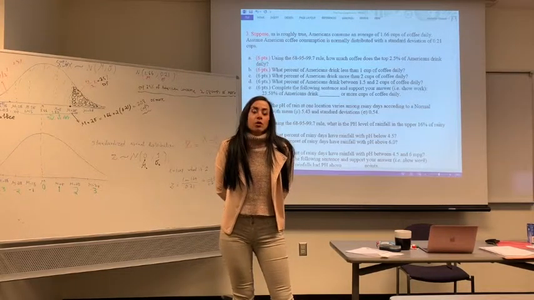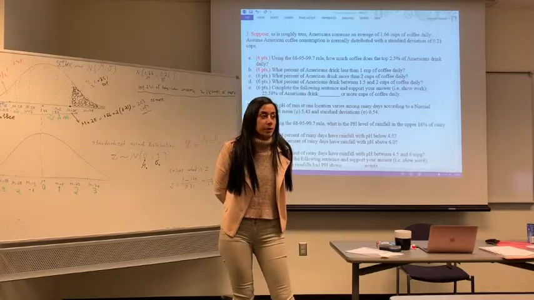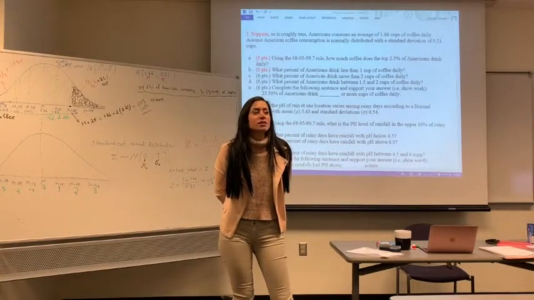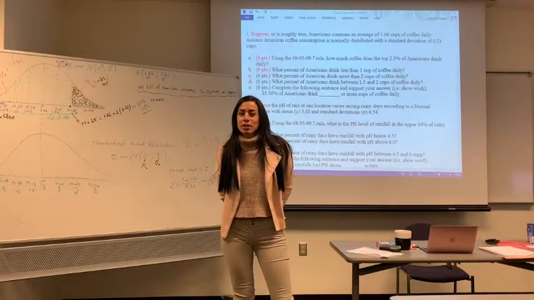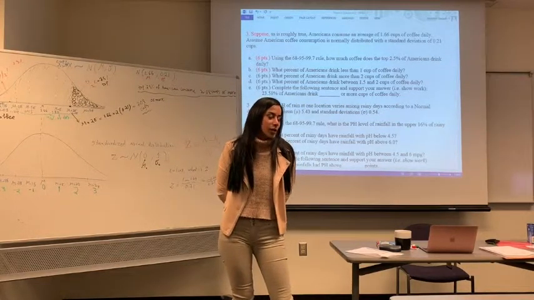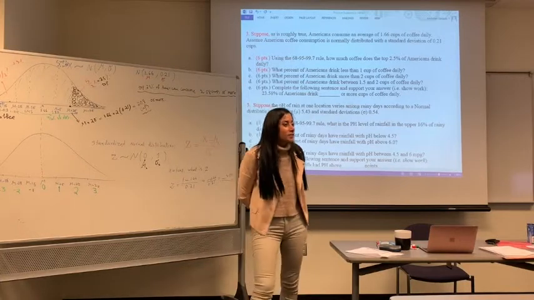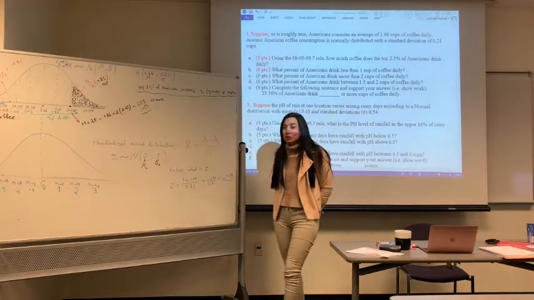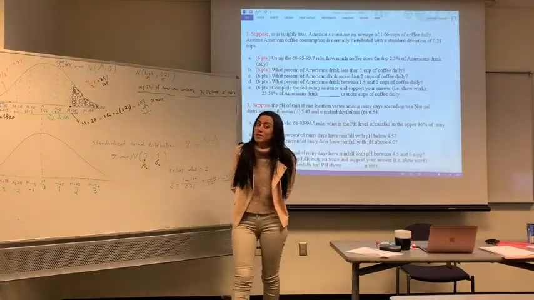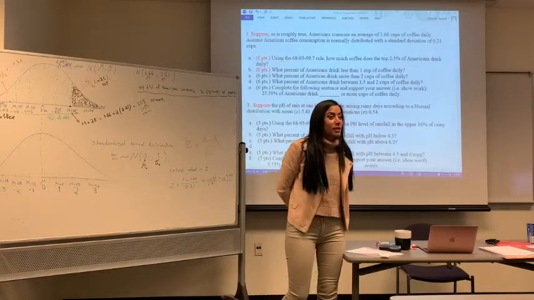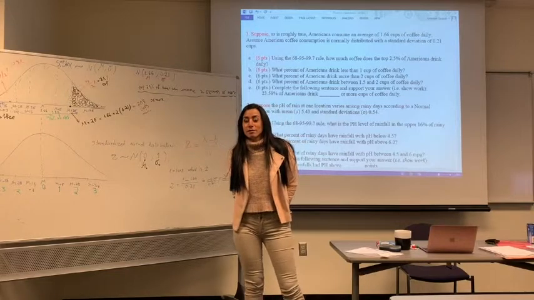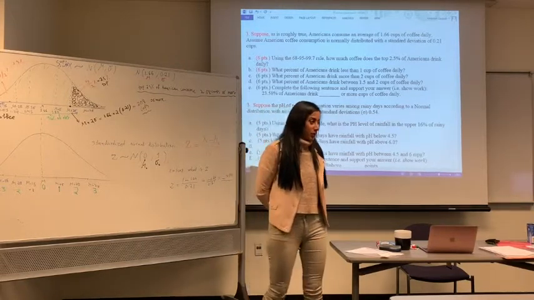As I said, please be careful. Sometimes the question asks, what is the probability that an American drinks less than 1 cup of coffee? If they are asking for the probability, you will not convert this number to a percentage, right? You will say there is 0.0008 probability that an American drinks less than 1 cup of coffee.